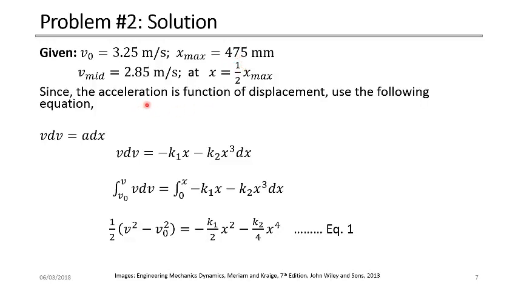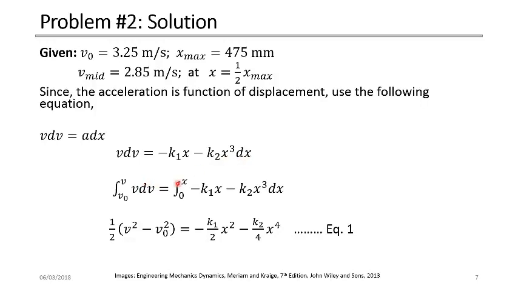The acceleration here is given as a function of displacement, so we need to use the equation v dv is equal to a dx. We call the displacement here x rather than s. So v dv is equal to the acceleration, which is given by this equation, negative k1 x minus k2 x cubed, multiplied by dx.